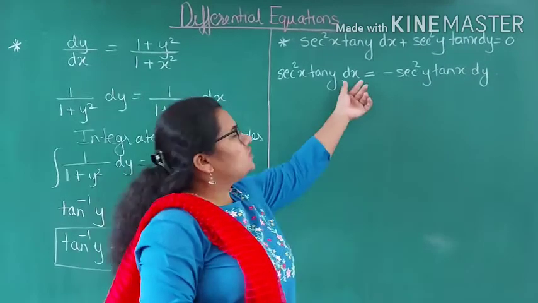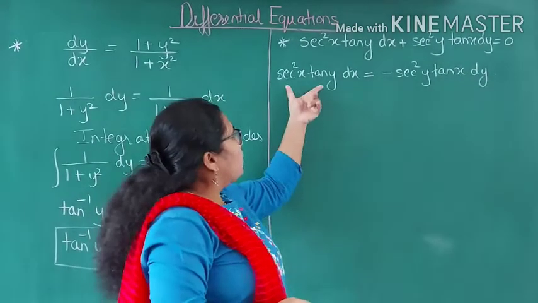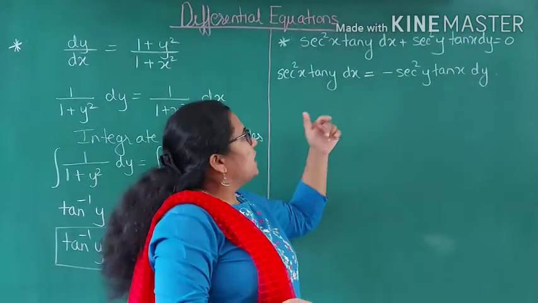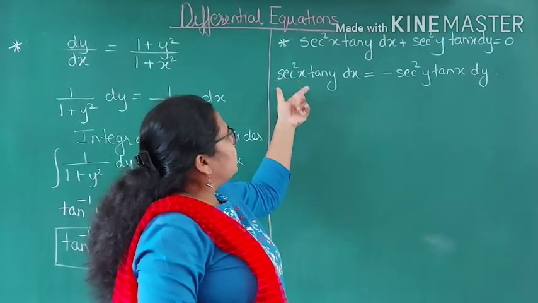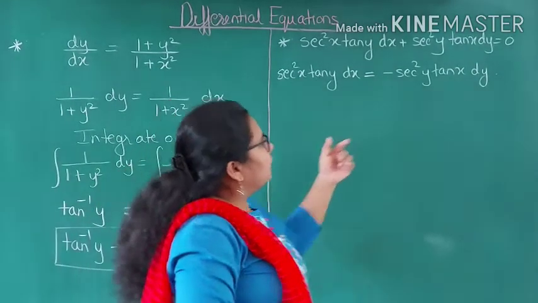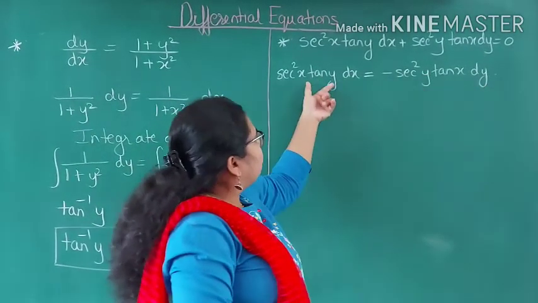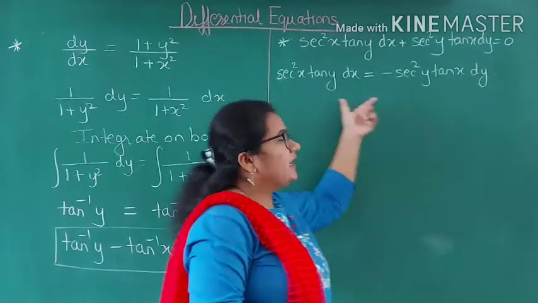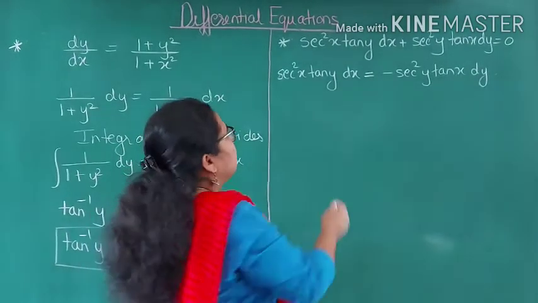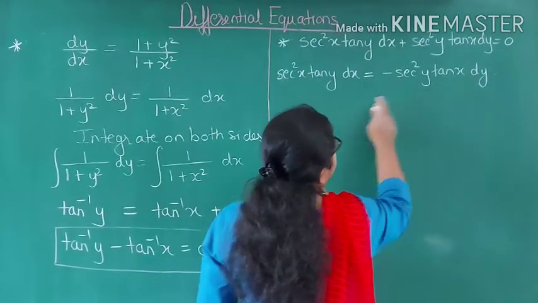So what is the differential here? It is dx. So here all the functions should be of x. So here you have tan x. If you take it on this side, it will become sec square x upon tan x. So here the differential is dy. So what we will do, we will take tan y on this side. So here we will get all the functions of y, and here we will get the function of x. So just cross multiply tan x and tan y.